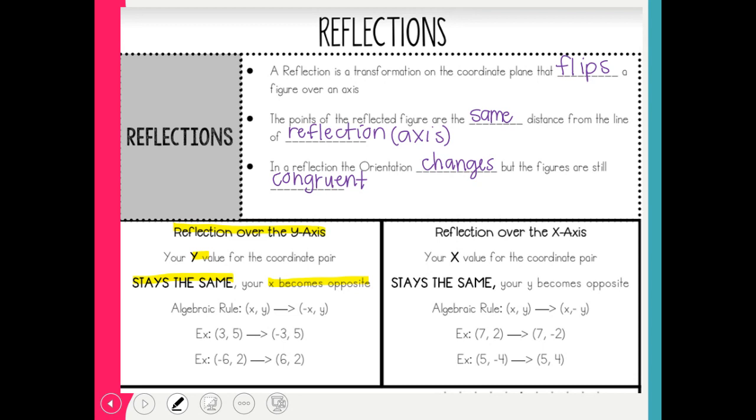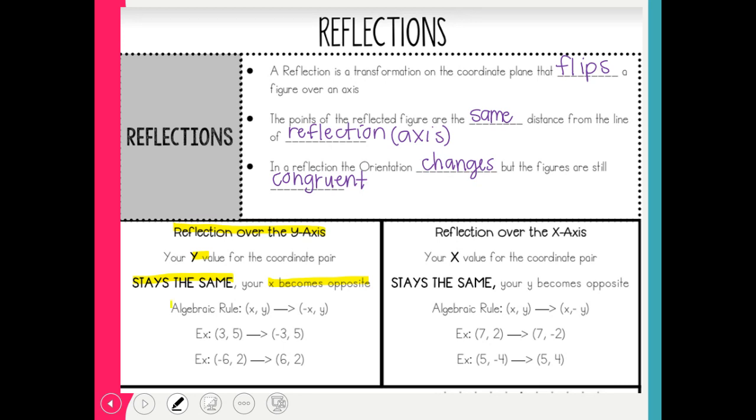It's different. Not quite. Carly? If it was a positive, it would be a negative, or if it was a negative, it would become positive. Right. So if it's positive, it becomes negative. If it's negative, it becomes positive. So if we reflect over the y-axis, our y value stays the same, but our x value becomes opposite.